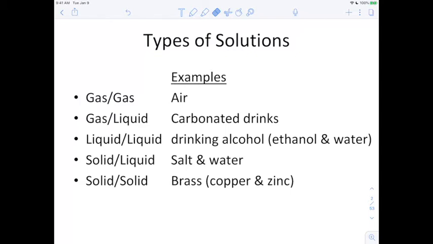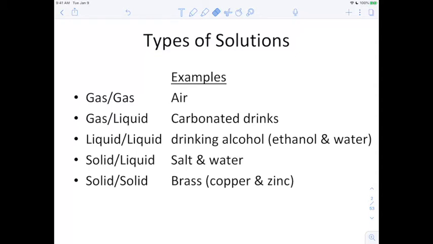Inside the air that we breathe, we have argon, nitrogen, carbon dioxide, O2, all sorts of things, and they should be mixed perfectly, and that makes a solution. The solvent would be the gas that is in greatest quantity of all those gases.